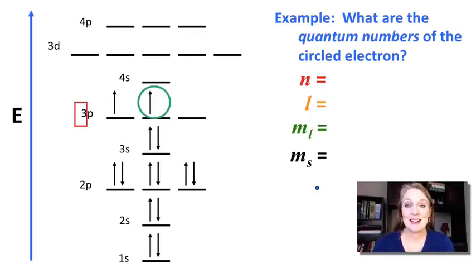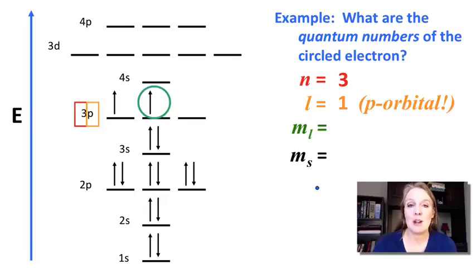Thank you for answering. This electron is in the 3p sublevel. It's in a 3p orbital. So n equals 3, l equals 1, because l always equals 1 for a p orbital. ml can be one of 3 values.